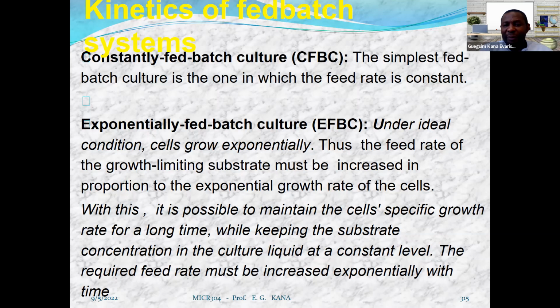The dilution rate of a Fedbatch system reduces. And in order to maintain a constant dilution rate, to maintain your mu or your D constant, you have to feed your reactor exponentially. And in the last class, I said, you can use a feeding system that's computer controlled to apply an exponential profile and maintain your mu or your D at the desired value.